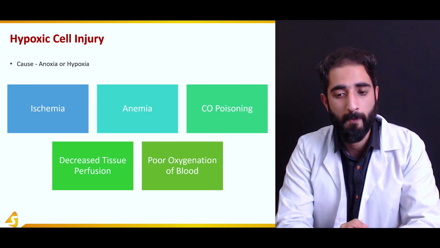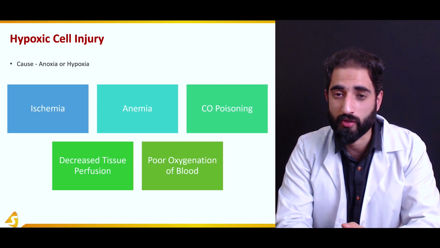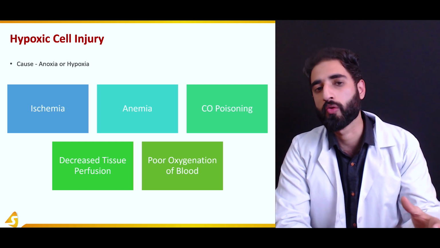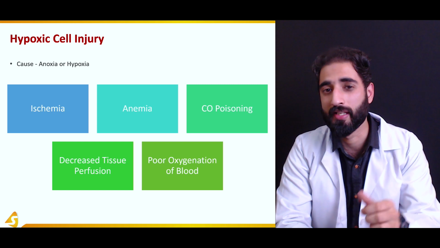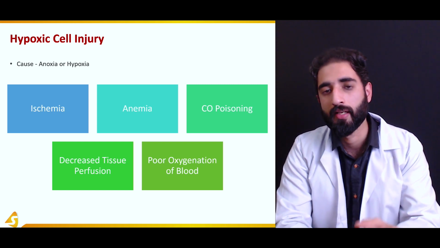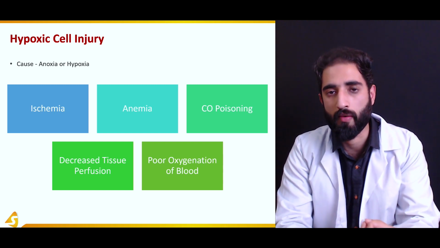or hypoxia. Then there is another important condition, which is carbon monoxide poisoning, in which the carbon monoxide binds with the hemoglobin and does not let oxygen bind with the hemoglobin. What happens is that the carrying capacity of the hemoglobin or blood to carry oxygen is diminished.